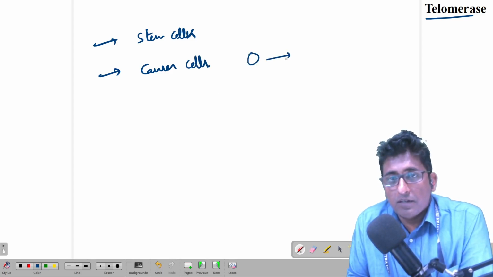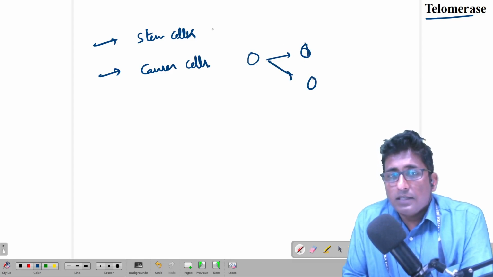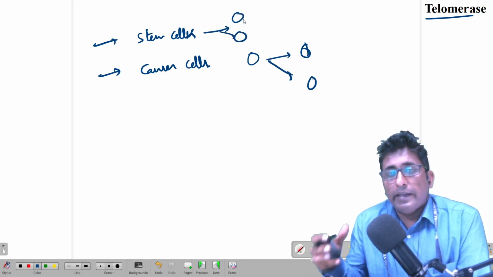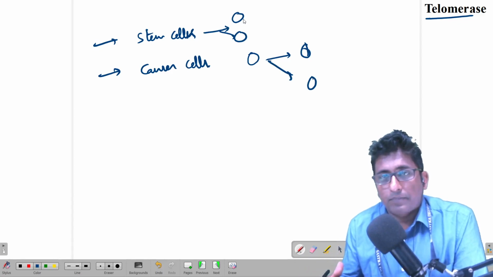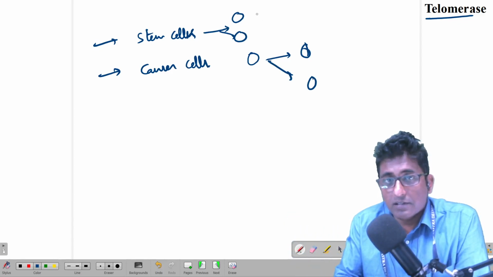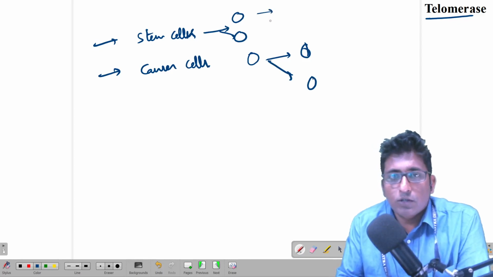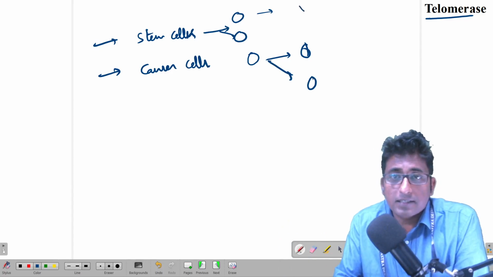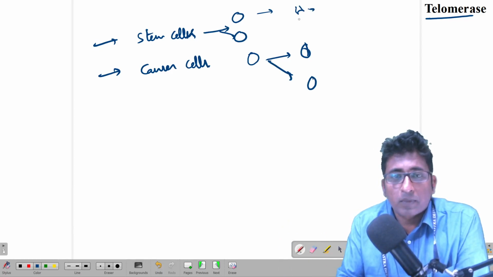That is the prominent feature of cancer cells. That means as the stem cells divide and keep on differentiating, they lose the telomerase activity, and eventually if they keep on dividing, the differentiated cells would not have as much telomerase activity, therefore the chromosomes shorten, and then the cells age and the cells will die.